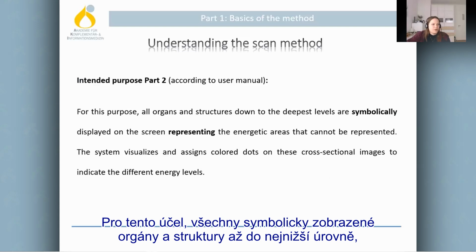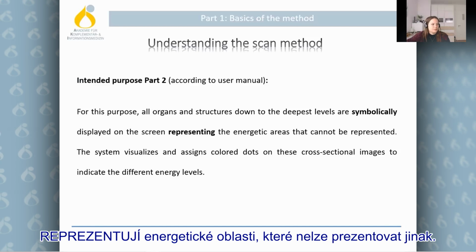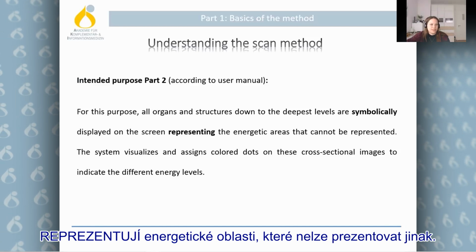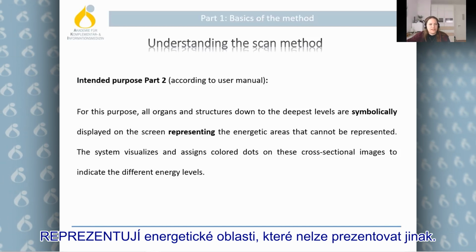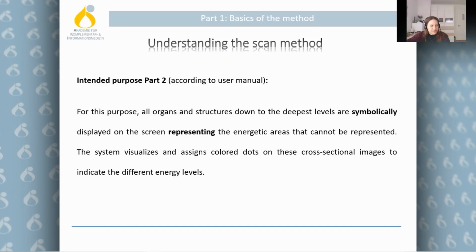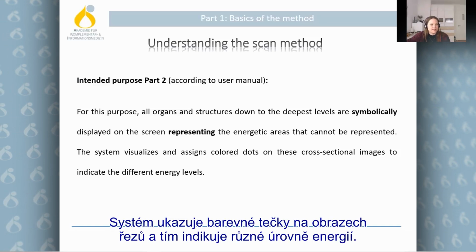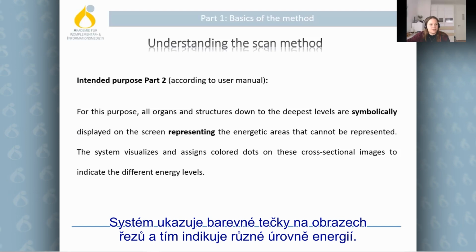For this purpose, all organs and structures down to the deepest level are symbolically displayed on the screen, representing the energetic areas that cannot be represented. The system visualizes and assigns colored dots on these cross-section images to indicate the different energy levels.